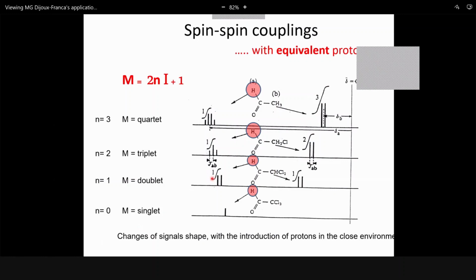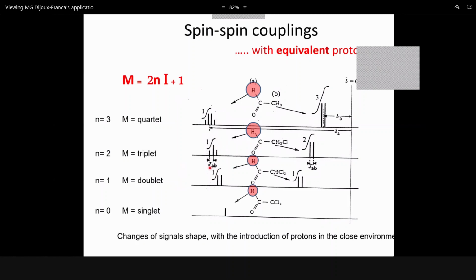Now we will try to understand why in a doublet the two lines have the same height. In a triplet, I have a big one in the middle and two smaller on the side. And the quartet is like that, a small one, two big, and a small one again. So we're going to try to understand how we can anticipate this shape.